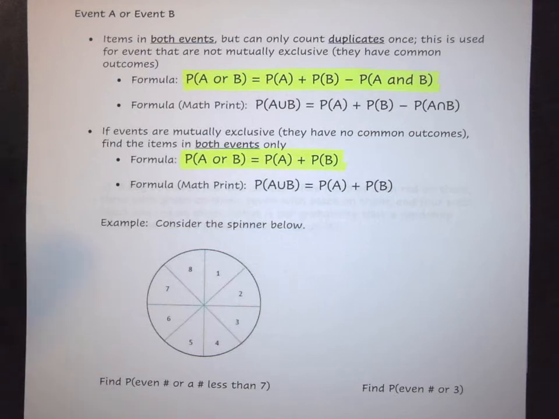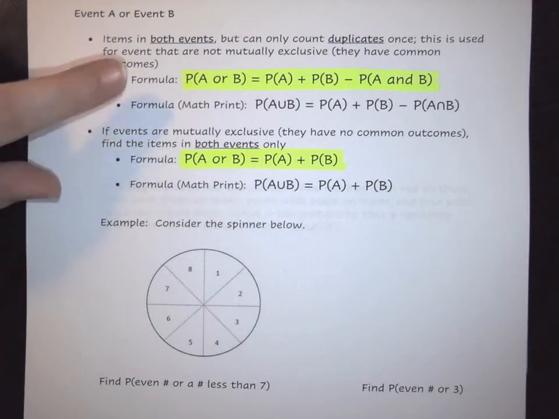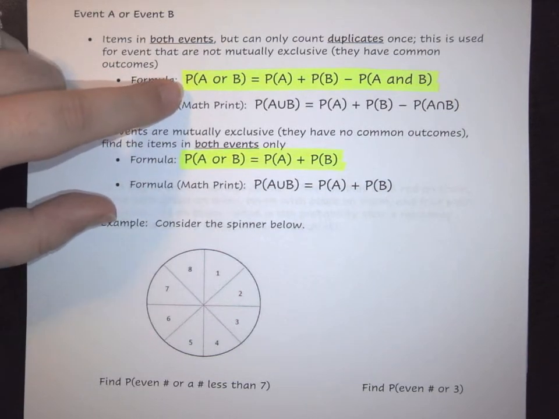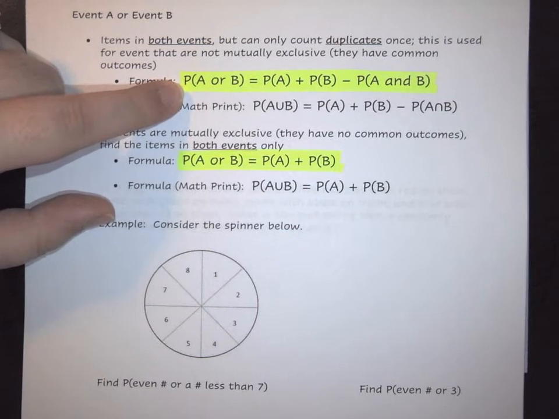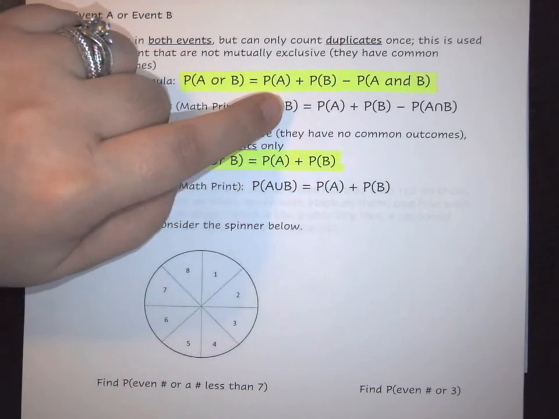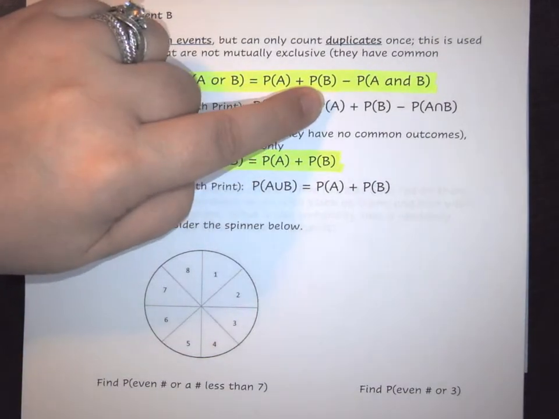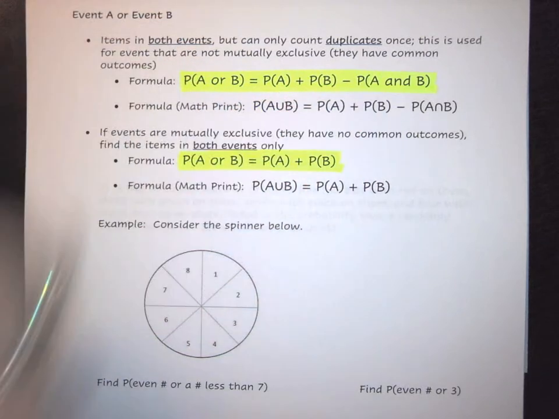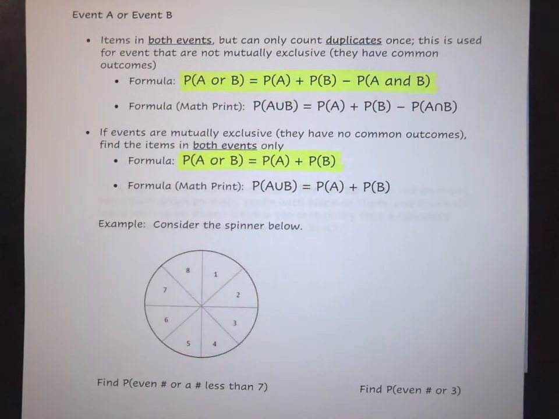So we have two different ways that that formula is going to look. Either this first way says the probability that A or B occurs is such that the probability that A occurs plus the probability that B occurs minus the duplicates, so the probability that A and B occur.